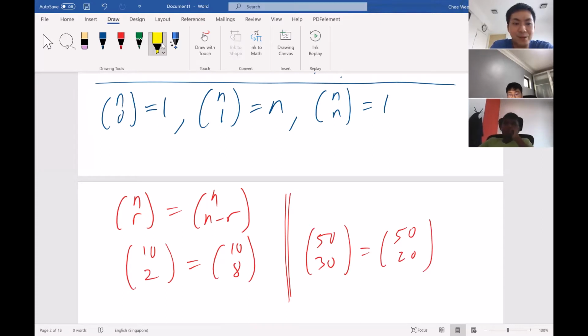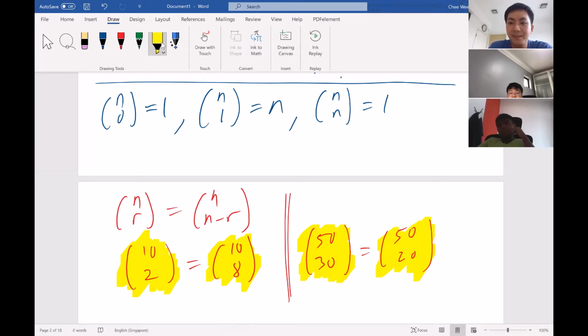If you have a team of 10 players, you need to choose 2 people to be your captain and vice captain. It's the same as choosing 8 players to be the non-captain and vice captain. That's all. If you have a class of 50 students, you need to choose 30 students to be prize receivers. It's the same as choosing 20 students to be non-prize receivers. That's all.